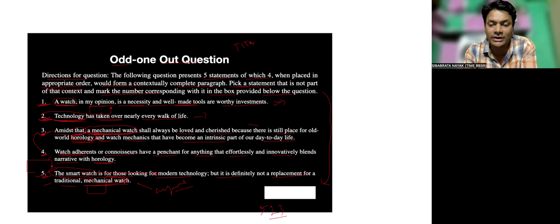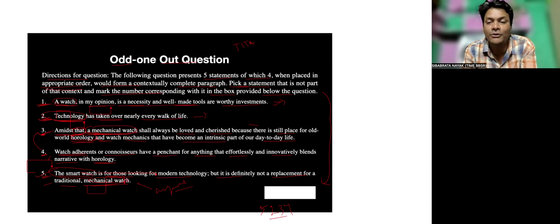And 4 would be the next in sequence, because 4 also states that watch adherents or connoisseurs have a strong liking for anything that effortlessly and innovatively mixes narrative with horology. As we already made the pair of 3 and 4, where 3 states that amidst technology that makes an influence in humans' life, the mechanical watch is still holding that reputation because of its craftsmanship, isn't it?